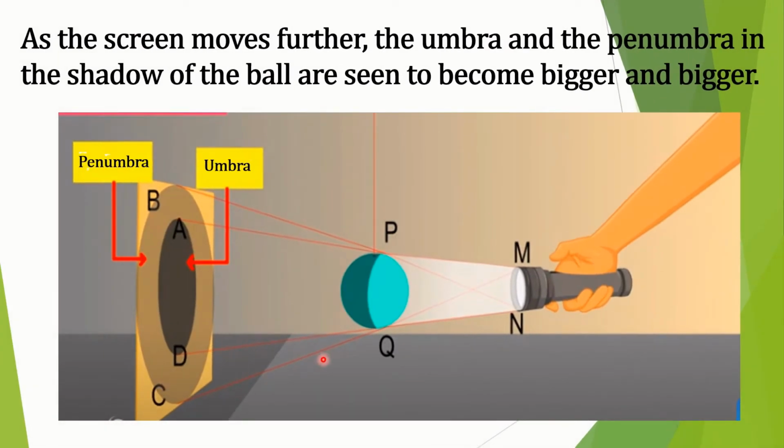As the screen moves further, the umbra and the penumbra in the shadow of the ball are seen to become bigger and bigger.